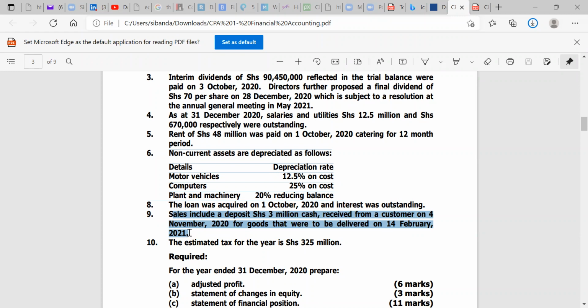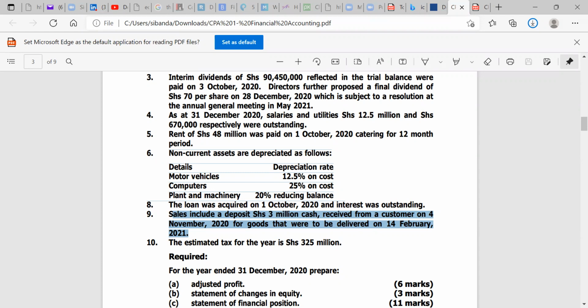So what do we do with this sale? These sales, if we are excluding this 3 million because it's not a valid sale as of this year, will it increase our profits or reduce our profits? Can I also get something from a volunteer? These sales that we are excluding, the sales worth 3 million, because they don't relate to this year.